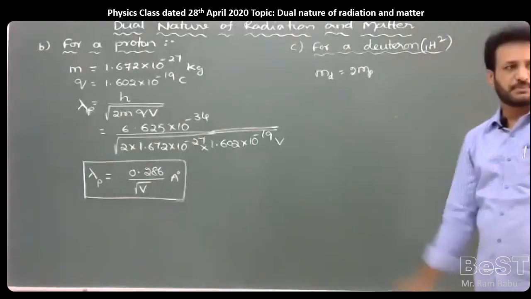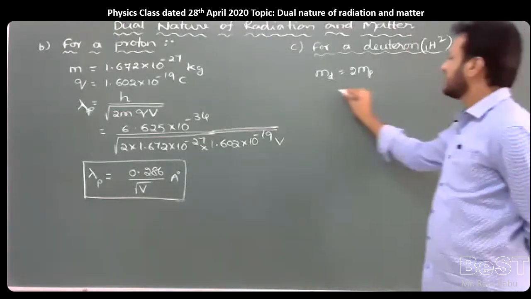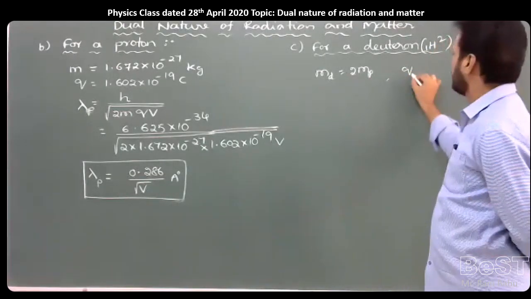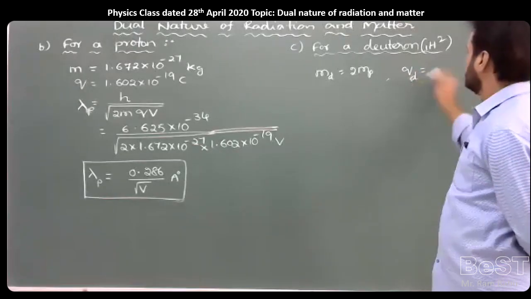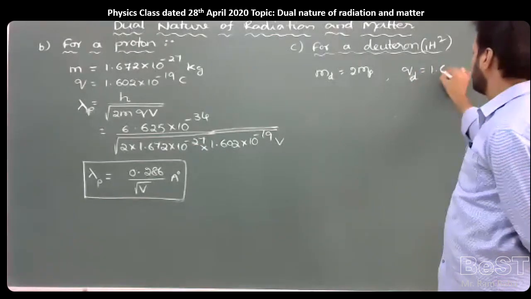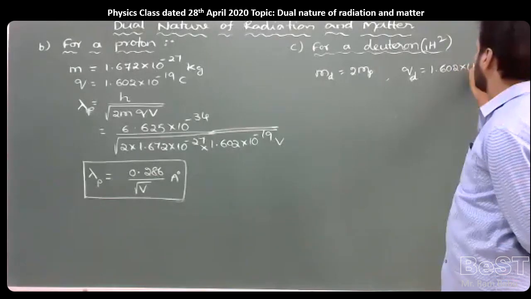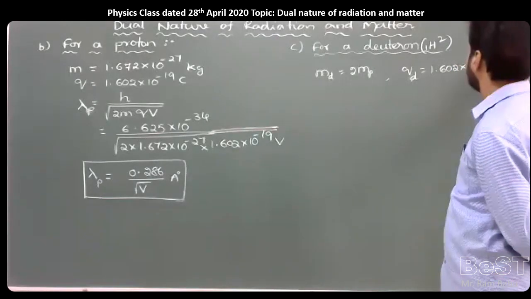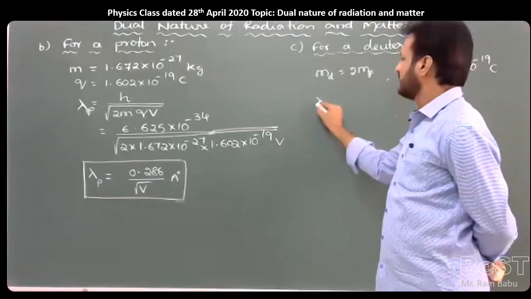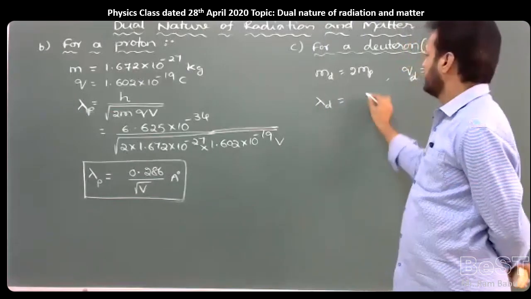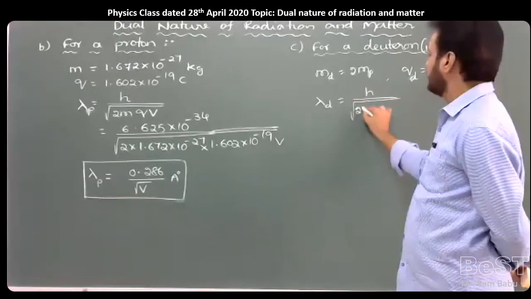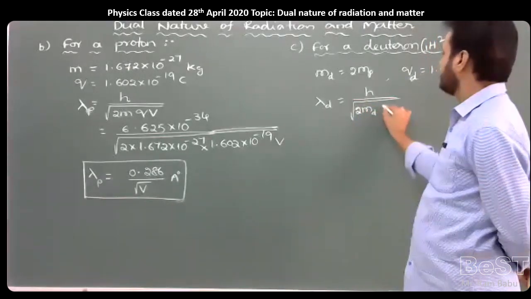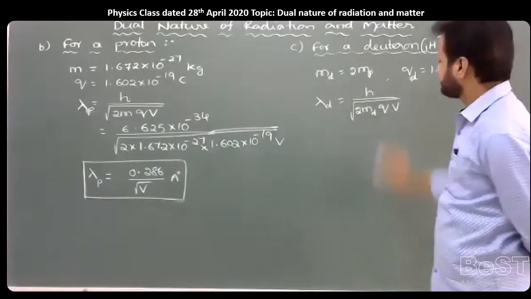And the charge of the deuteron q is the same, equal to the charge of the proton. Both are equal to 1.602 into 10 to the power of minus 19 coulomb. Here you should write lambda deuteron is equal to h by square root of 2m q V, where m means the mass of the deuteron.